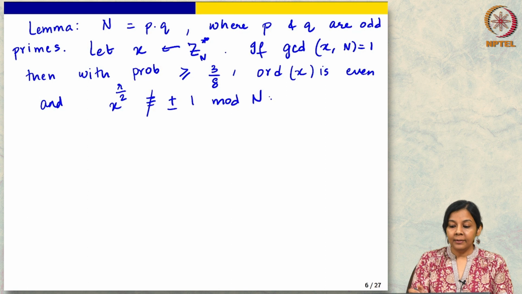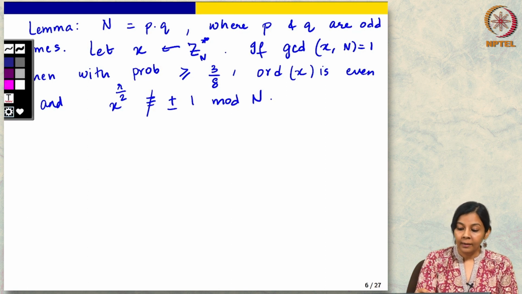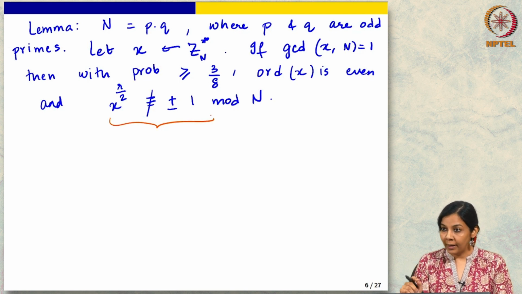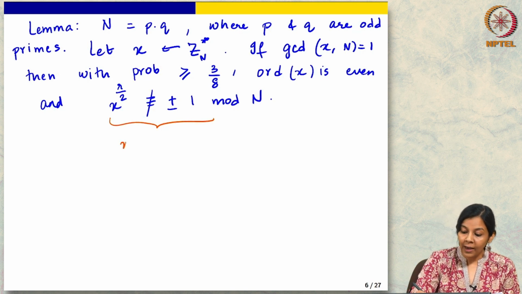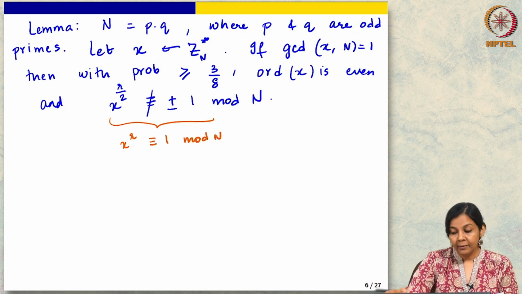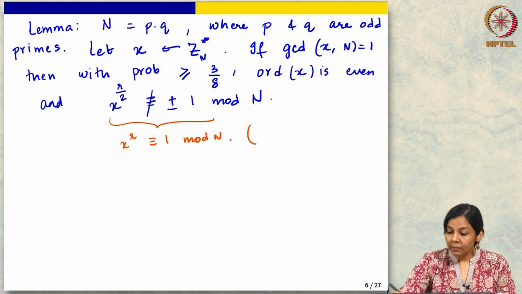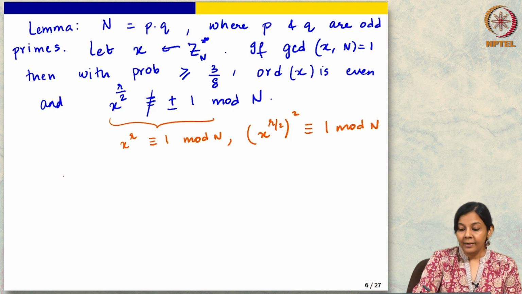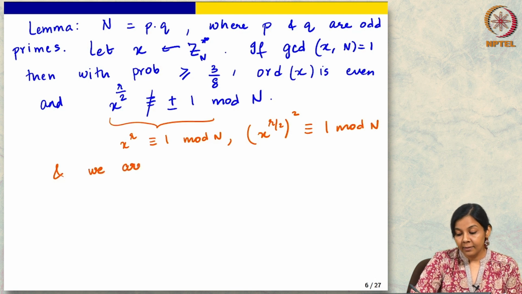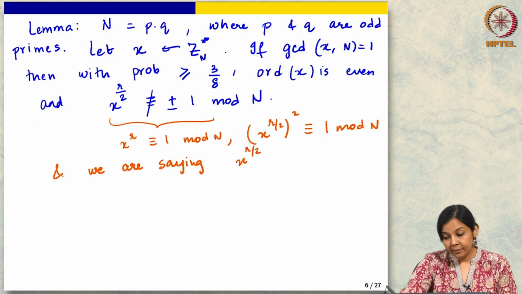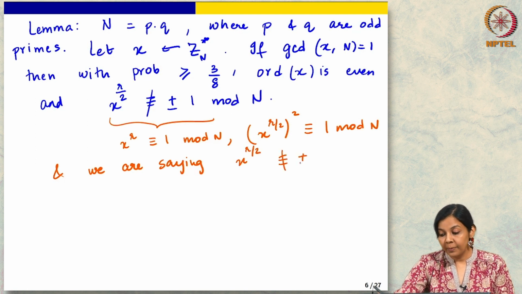Now, note that what this lemma is really saying is that I am recovering a non-trivial square root of 1 mod n. Why is that? Because we have that x to the r is 1 mod n, so x to the r over 2 the whole squared is 1 mod n, and we are saying that x to the r over 2 is not plus minus 1 mod n.